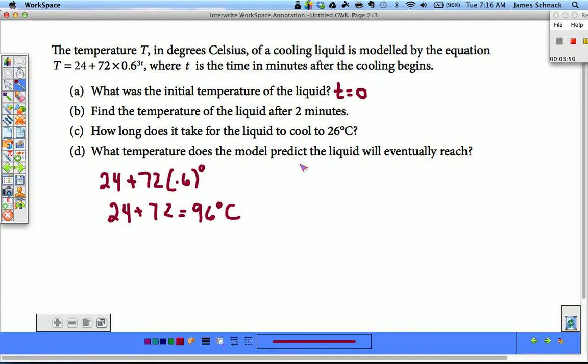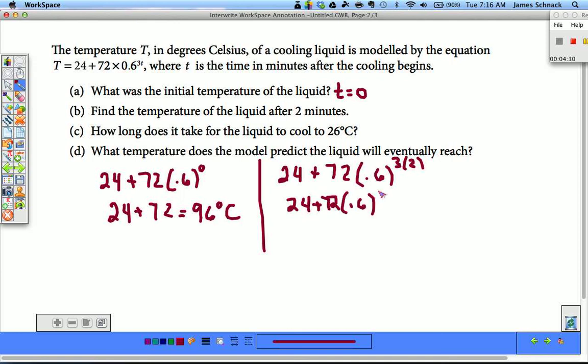Find the temperature of the liquid after 2 minutes. Well, to do that, we plug in t equals 2. 24 plus 72 times 0.6 to the 3 times 2. So it's really 24 plus 72 times 0.6 to the 6.